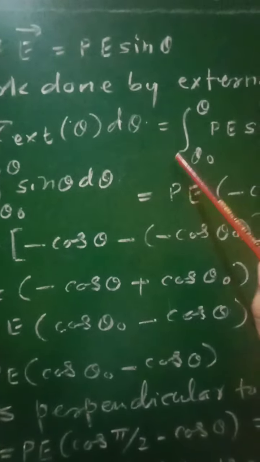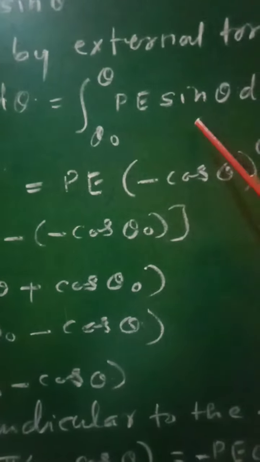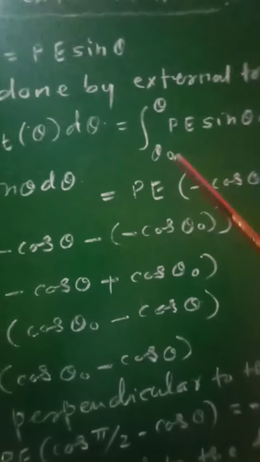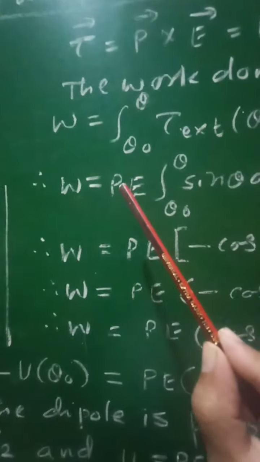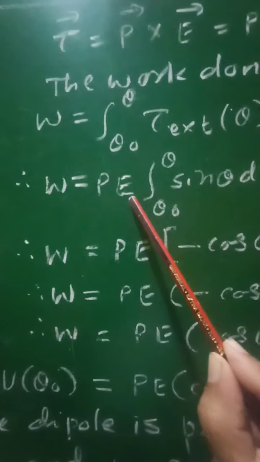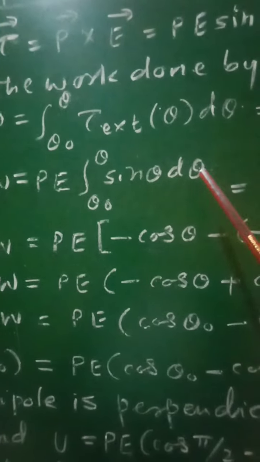That will be equal to integration theta 0 to theta pE sin theta d theta. Now pE factor is constant, therefore it is taken out of the integration, and therefore W equal to pE integration theta 0 to theta sin theta d theta.